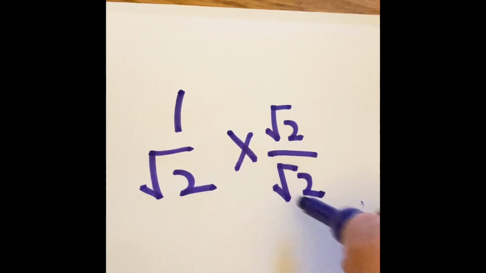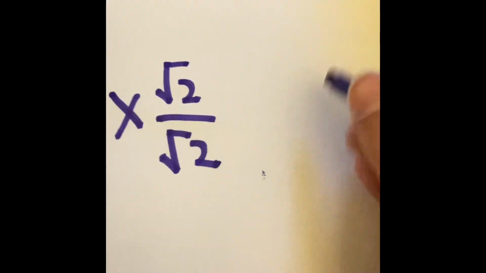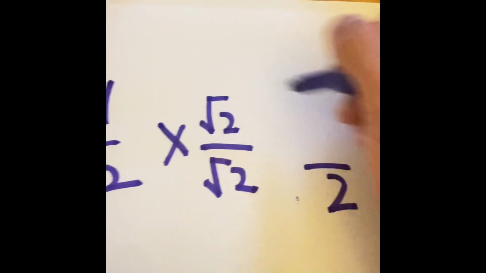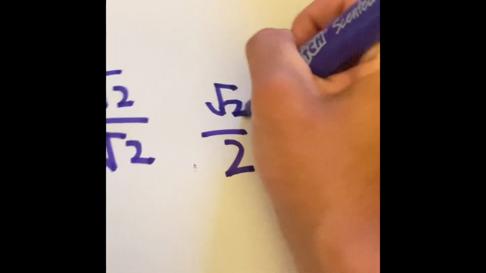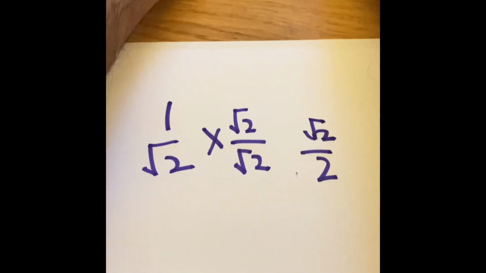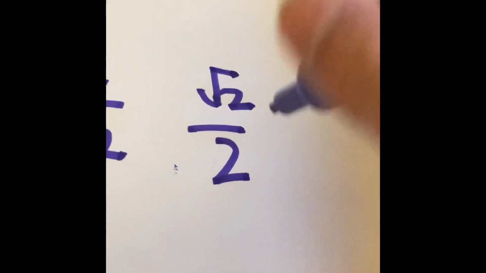The square root of 2 times the square root of 2 becomes 2, and 1 times the square root of 2 is just the square root of 2. And guess what we just did? We just rationalized the radical, and we have mission accomplished.